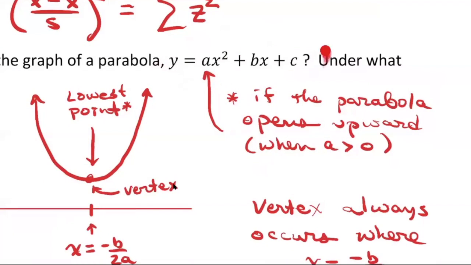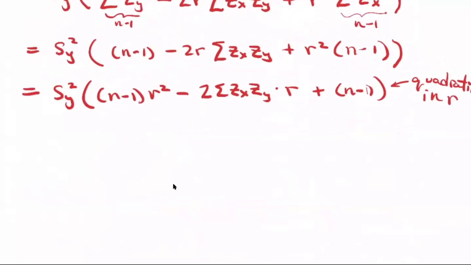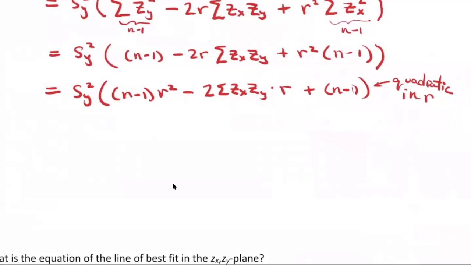The a is the x squared coefficient, the b is the x coefficient, and the c doesn't have a variable, that's a constant. Okay, so here it's in r, but then the n minus 1 is the a. This negative 2 sum of zx, zy, that's the b. And then the constant is c.